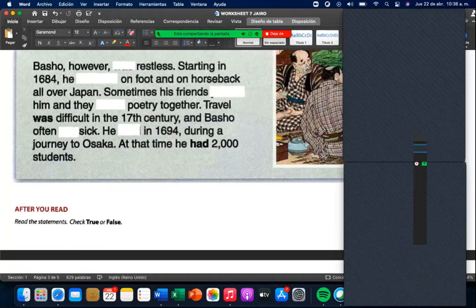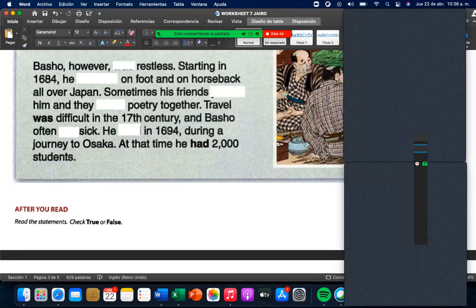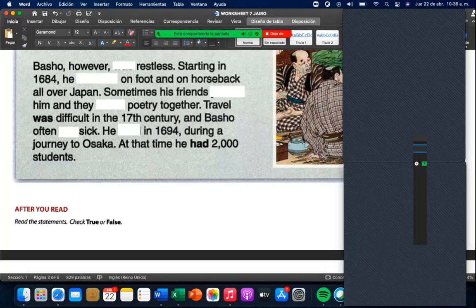Because it doesn't make sense if he was on foot and horseback to say walked. So he traveled on foot probably, but we're going to check it out in a second. And on horseback, right? Horseback all over Japan. What is horseback?